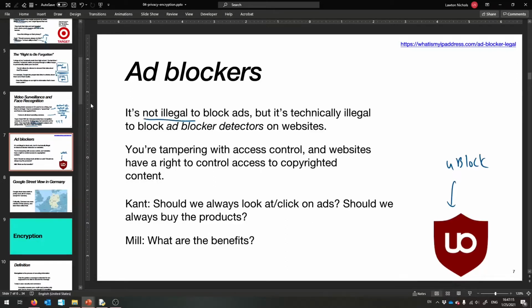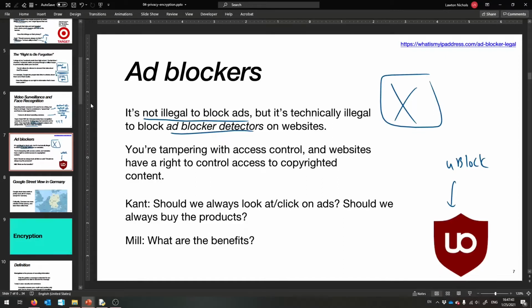So it's not illegal to block ads, but it is technically illegal to block ad blocker detectors on websites, which are sometimes built into ad blockers themselves, which is weird to think about. Have you ever gone to a website and it's like, you are using an ad blocker, you should turn it off. So it is technically illegal for your ad blocker to block that detection, the detection of itself, okay? Which is weird, I know.